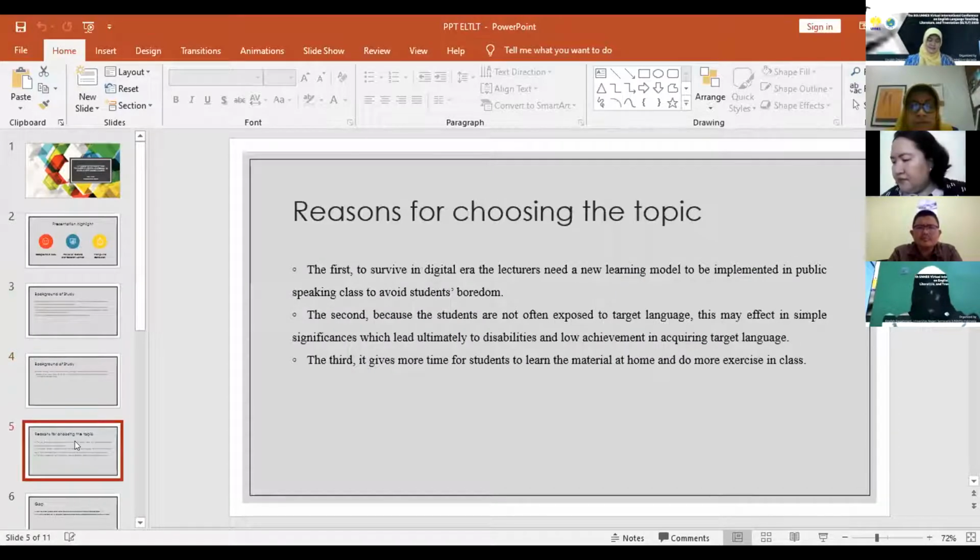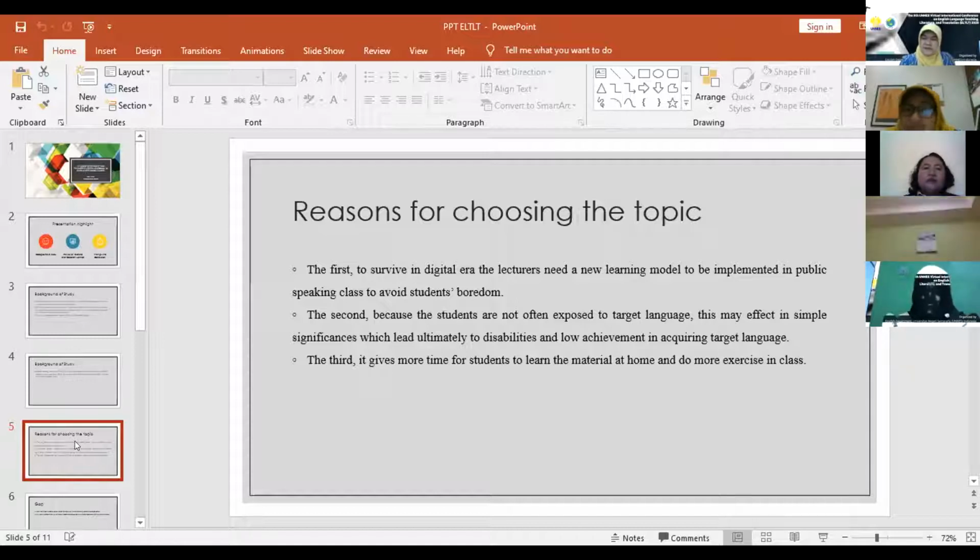The reason I chose the topic is, first, to survive in the digital era, lecturers need a new learning model to be implemented in public speaking class and to avoid students' boredom. The second reason is that the students are not often exposed to the target language, which may lead to low achievement in acquiring the target language.